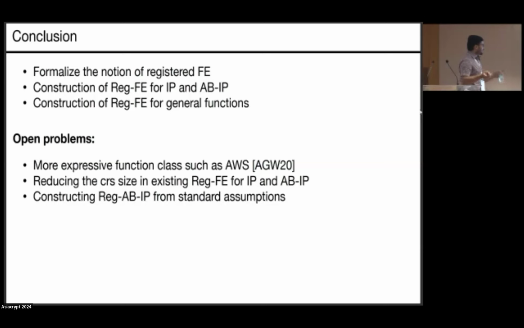It will be interesting to at least make it down to linear in the number of users. And another problem is that currently the only known attribute-based FE construction in the registration-based setting is our work, which is in GGM. So of course, it will be interesting to see whether we can build it under standard assumptions, for instance, maybe lattice or pairing-based standard assumptions.